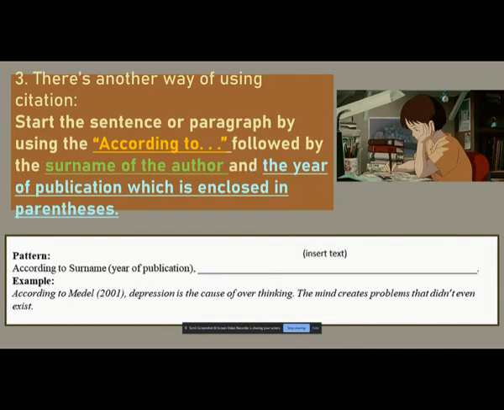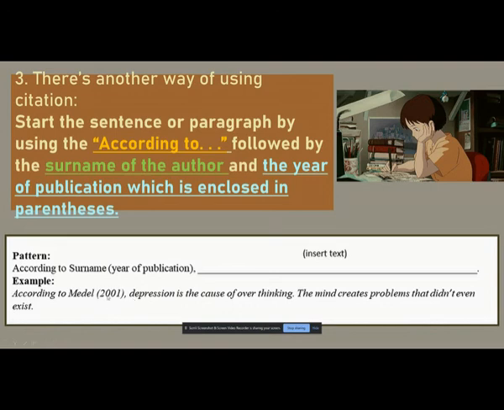No? So you might as well use the words according to or cited by. So in an example here, we use according to Medell 2001, enclosed in parentheses, comma, depression is the cause of overthinking. Mind creates problem that didn't even exist.